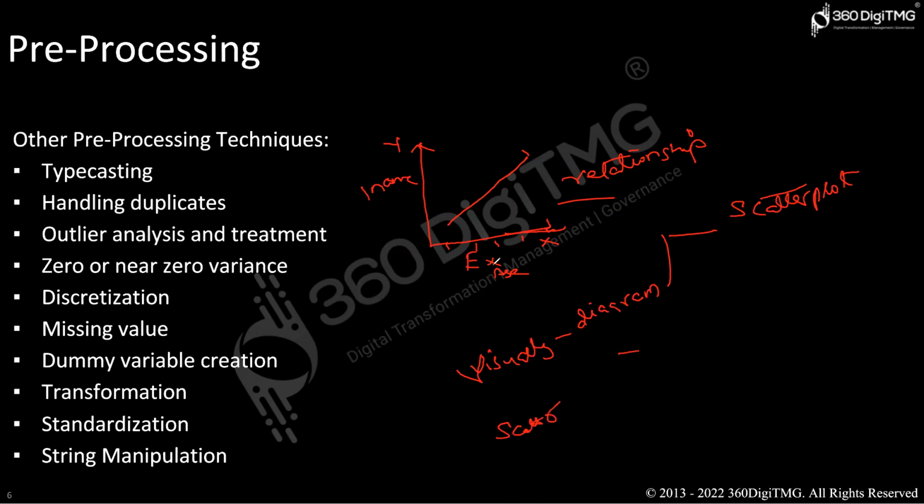But there are three things we have to look at when we talk about bivariate analysis. One is linearity or consistency. Second, direction. Third, strength of the data.